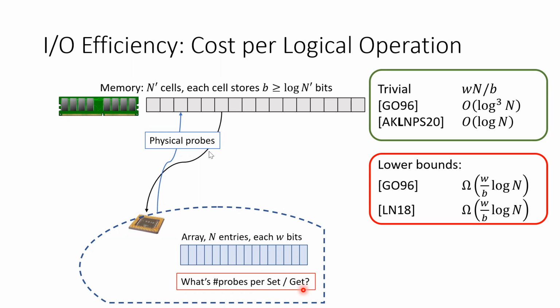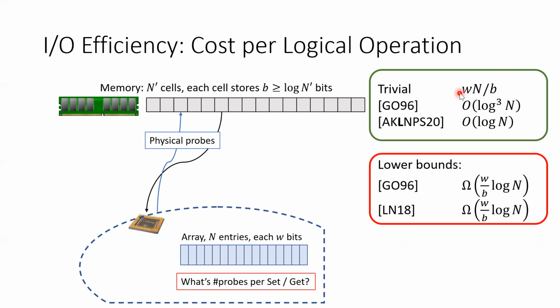On the upper bound side, there is a trivial one saying if you want to perform one single get or set logical operation, then, well, for security, you don't care about cost. You can touch everything in the physical memory, but then the cost will be very high.